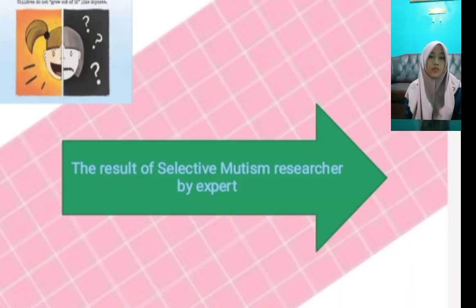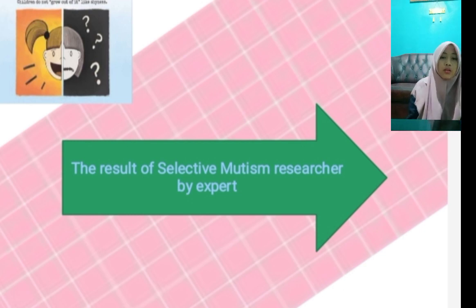The results of some research about selective mutism. Selective mutism in mental health is reported to be low, with a prevalence of less than 1% based on APA or American Psychiatric Association in 2011.